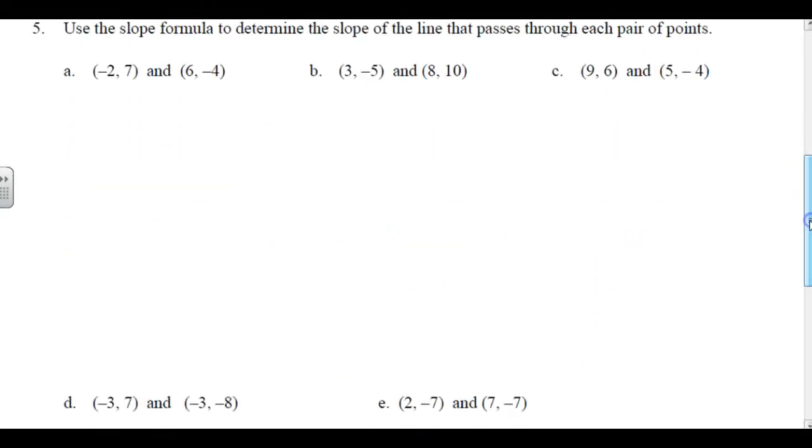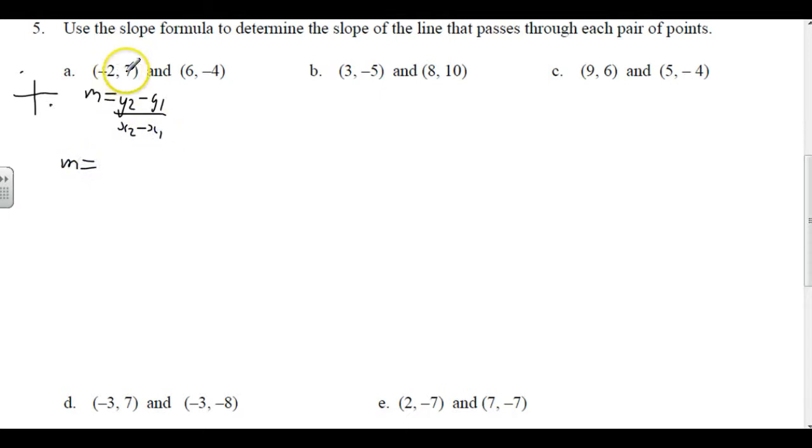Use the slope formula to determine the slope of the line that passes through each pair of points. Okay, again, I just want to get an idea. So negative 2, 7 is going to be somewhere here, and 6, negative 4 is there. I expect a negative slope. We know it doesn't matter what order we go in.